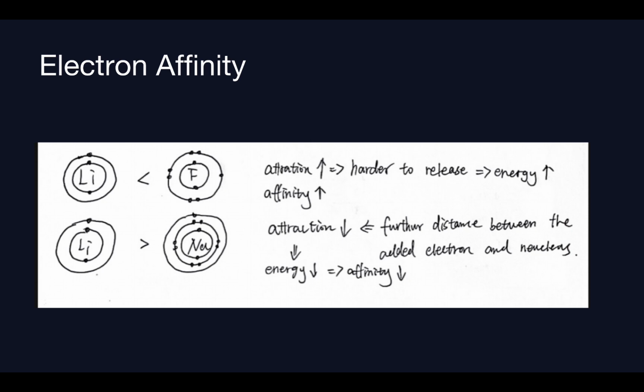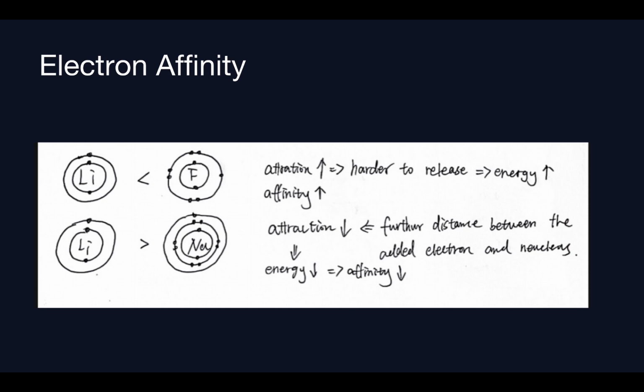So affinity is actually hard to explain compared to the others because I'm not sure if I can formalize it, but I can treat it the same as bonding. So adding an electron is basically the process of stabilizing an atom. So the more stable it becomes, the more energy is released.